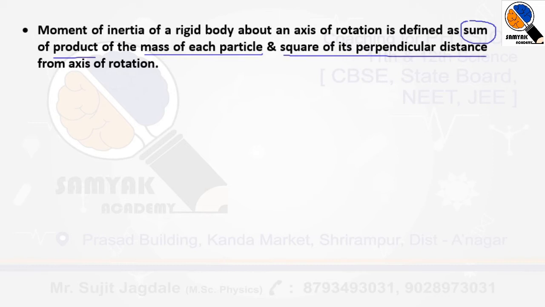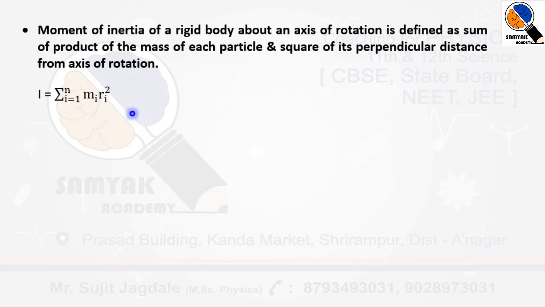As we have seen, the formula is I equals summation i equals 1 to n mi ri², which is the moment of inertia. This is the formula for discrete particles, that is, if the body is made of discrete particles.